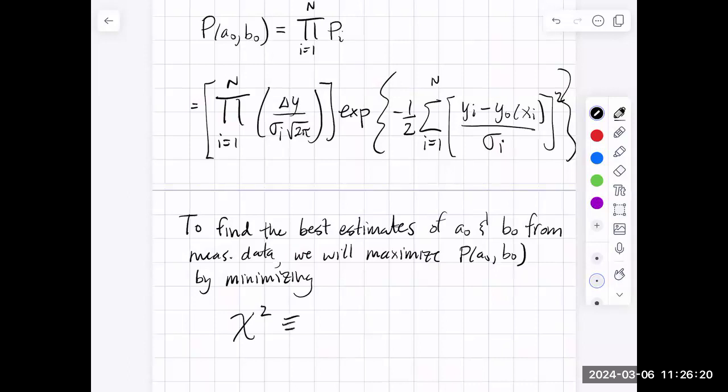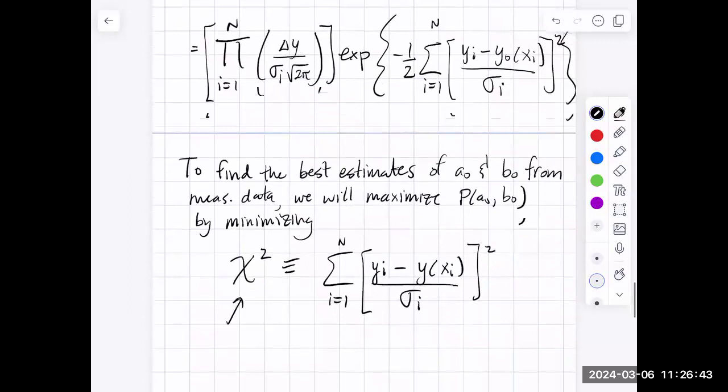So we're going to define chi-squared to be the sum of i equals 1 to n of our y measurements minus the y values calculated from the xi values in our measurements, divided by sigma i, and squared. And so this thing is called chi-squared. Chi is just the name of the Greek character, and it is a goodness of fit parameter.